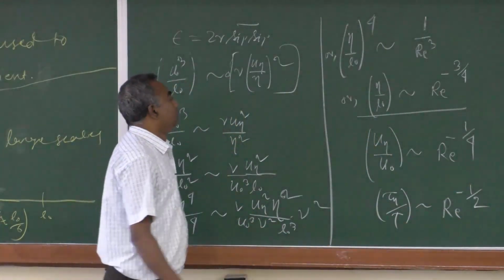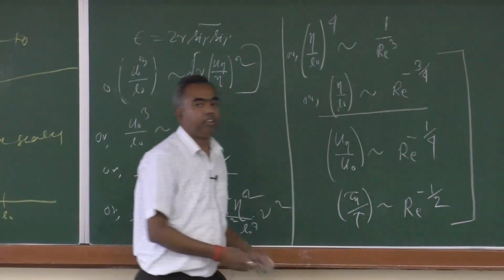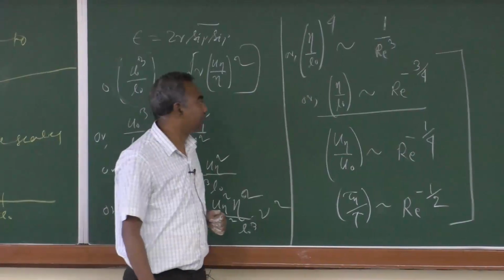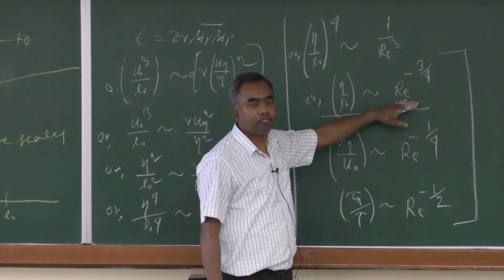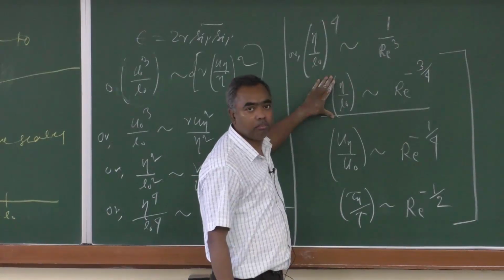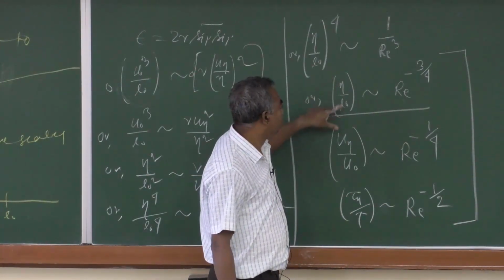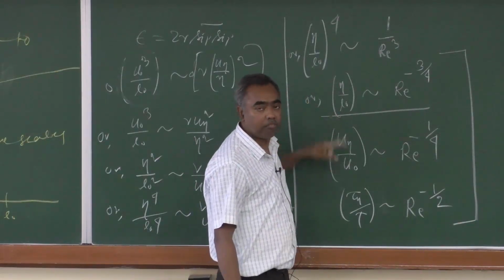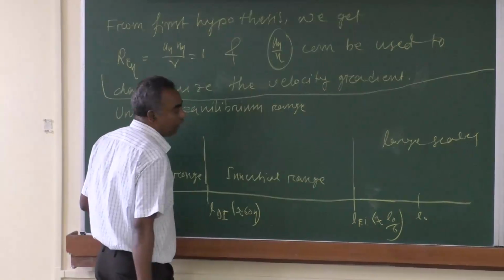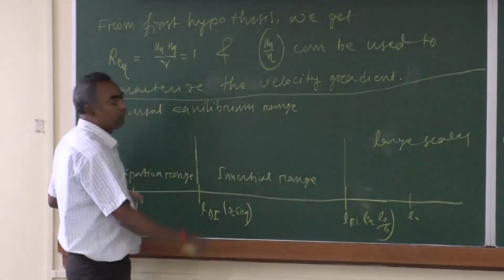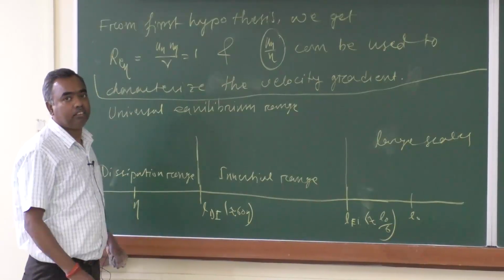Okay. So, if you see this relation very minutely, one important thing comes out. See, as you increase the Reynolds number, this ratio becomes smaller and smaller. What does it mean? That the scale separation, this range between this eta and this L naught, gets wider and wider. Okay.